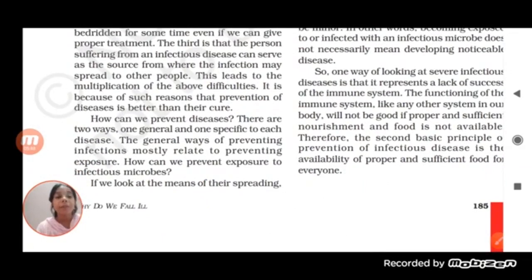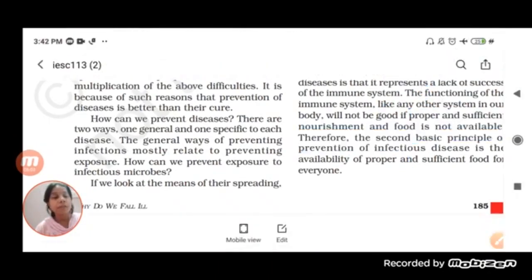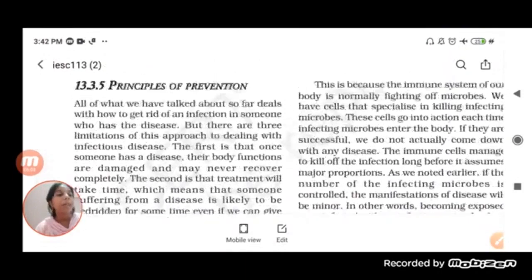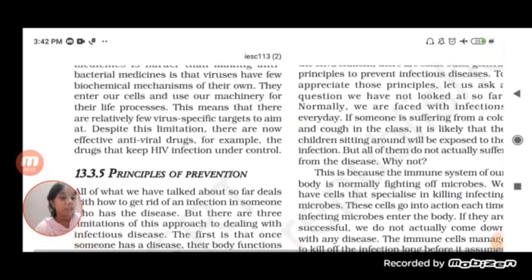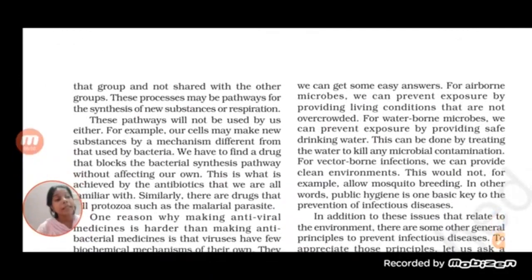There are general ways of preventing infection, mostly relating to preventing exposure. How can we prevent exposure to the infectious microbe? So if you look at the means of spreading infections, we can get an easy answer.